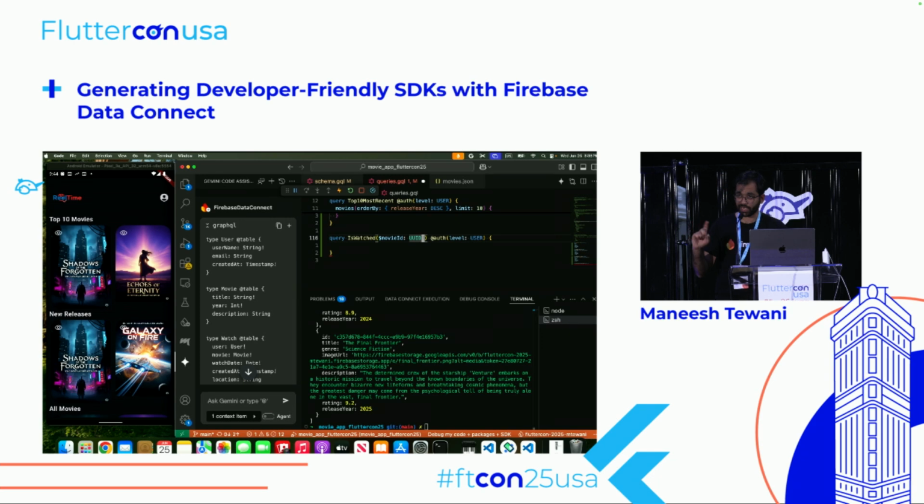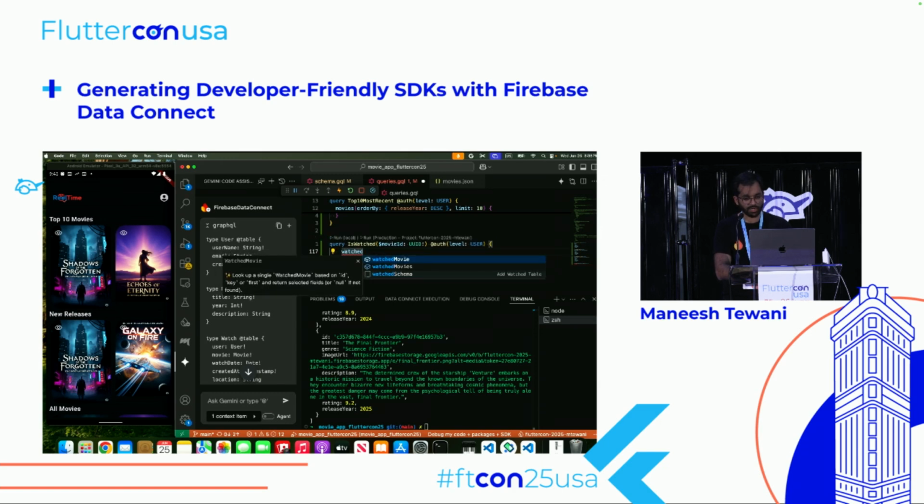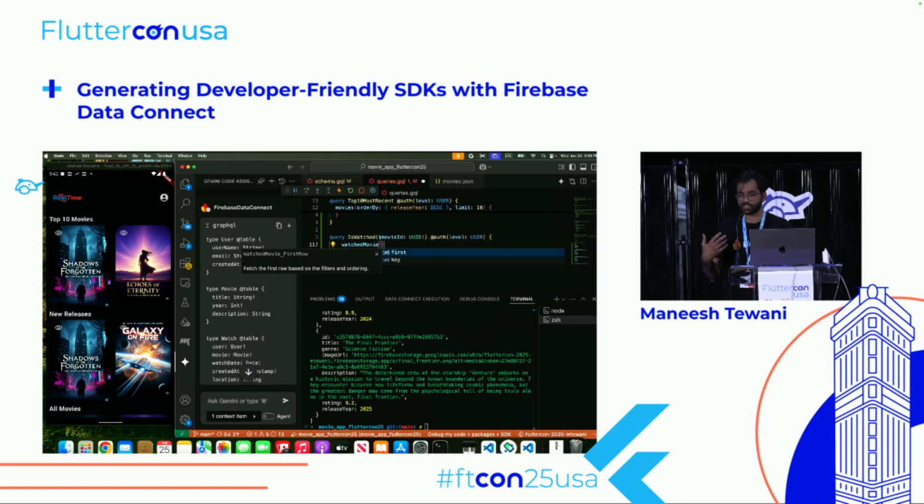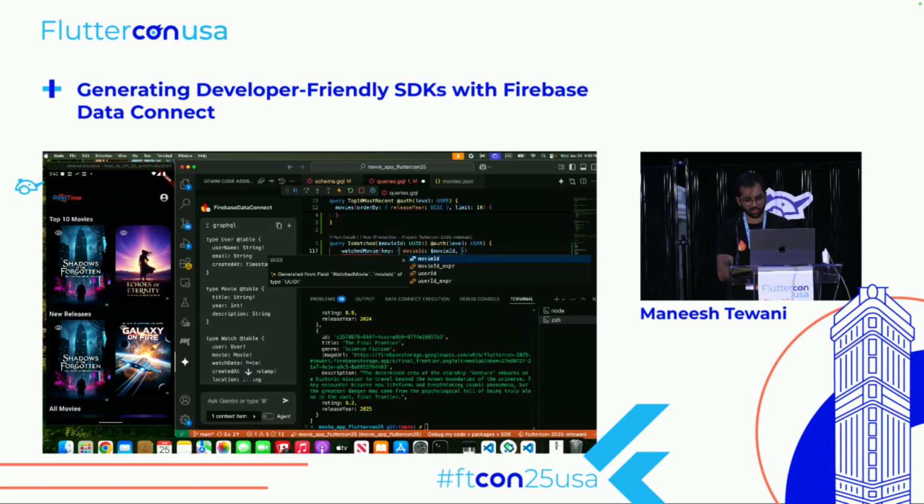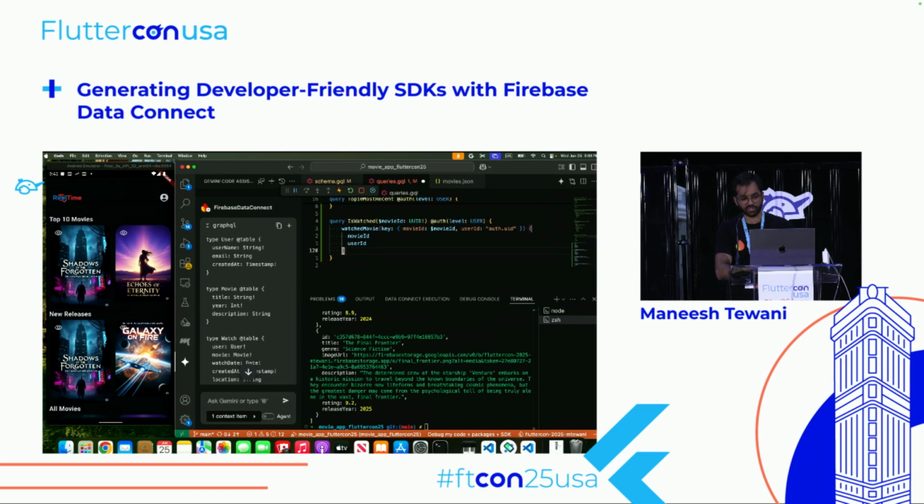We want to make sure that we have that exclamation point because we can't actually run this query without a movie ID. And then inside the watched movie table, we're going to look for a primary key of movie ID set to movie ID. We also want to make sure that the user ID is equal to the currently logged in user. Gemini tried to do too much for me, that's okay.